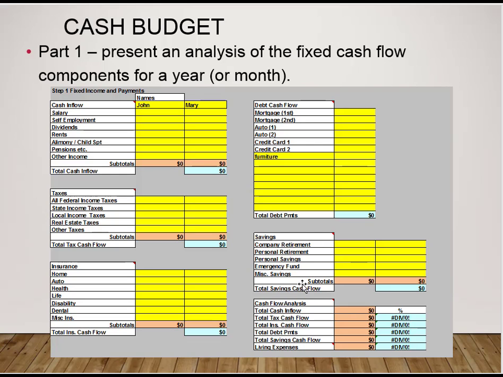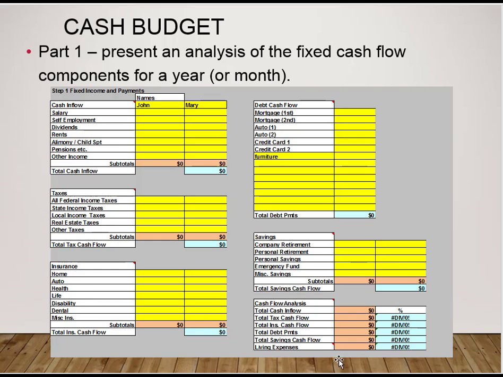Finally, we want to look at savings. Is there company retirement, personal retirement, any kind of personal savings, an emergency fund, right? We want to see where this cash is going, either on a monthly or annual basis. So in the end, what we will end up with is our total cash inflow, and now the cash outflows from taxes, insurance, debt, and savings. We'll know what percentages those are, and then finally we'll have a plug figure, which is the living expenses.